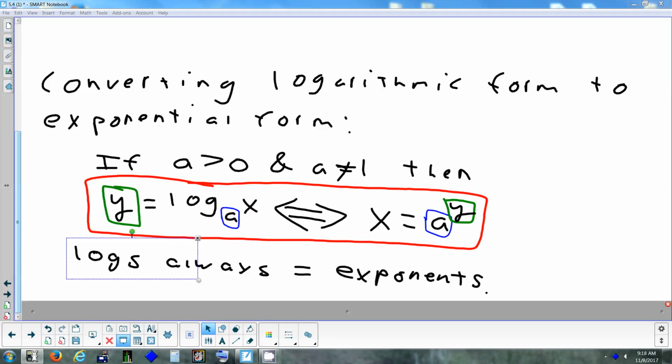So if you remember that, whatever your logarithm equals becomes the exponent. And if you can figure out where the base goes, which is a, where the y goes, there's only one spot left. If you're going to make this an equation, that's what you'd have after you do the first two. You've got to put the third thing by itself on the other side.